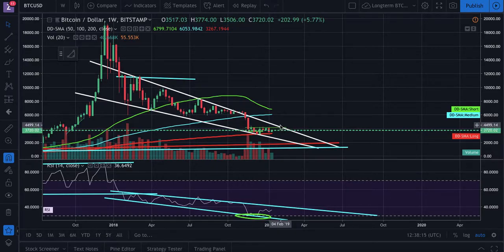Not that I'm negative about this, but I'm positive. I mean the $4,000 price. I don't expect us to see 4,000 until the end of this year, maybe December at the earliest. It might even go into next year.